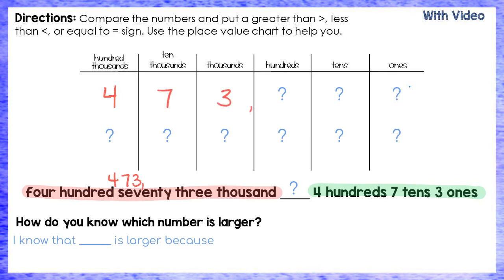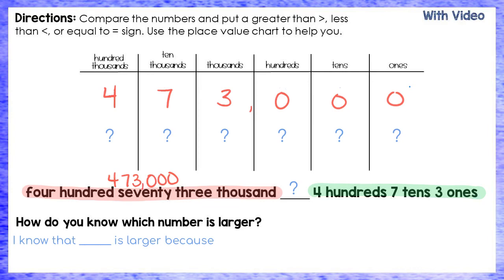When we say thousand, we put a comma, and there's nothing else after that. So what happens to the hundreds, tens, and ones? They all get placeholders. So we're going to put zeros in the hundreds, tens, and ones. So in order for this to be 473,000, we need 3 zeros.